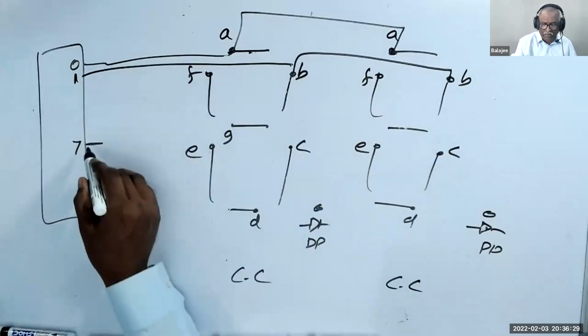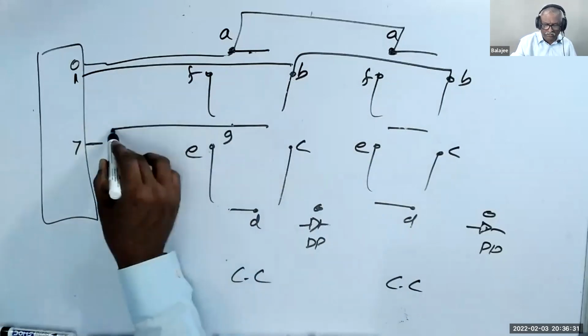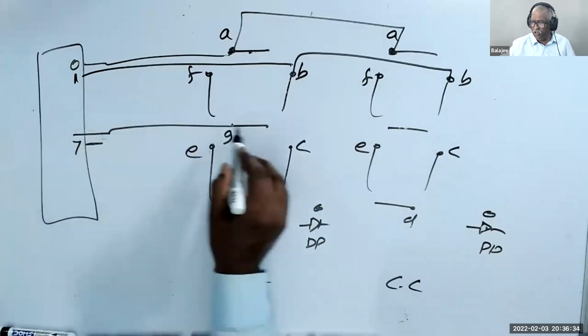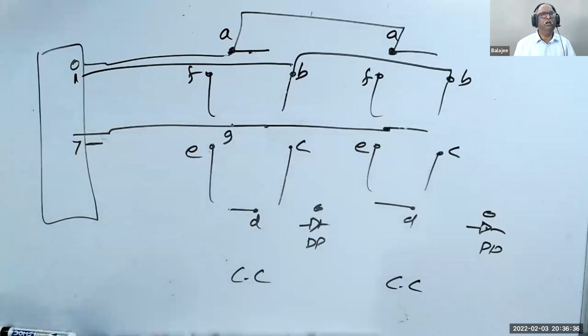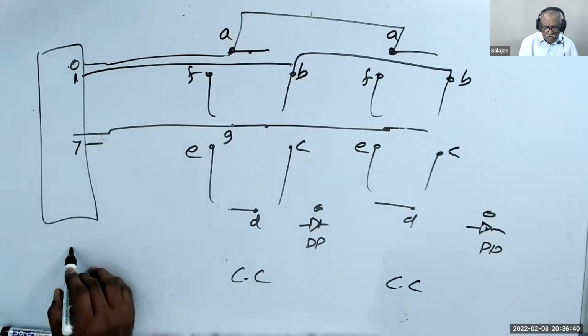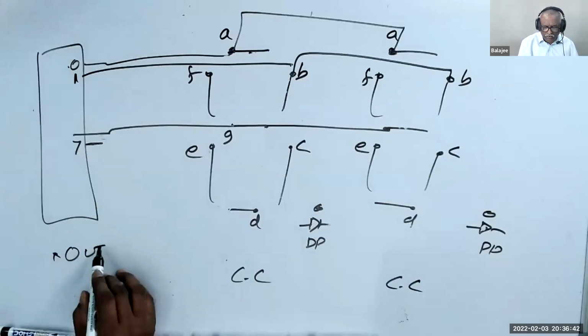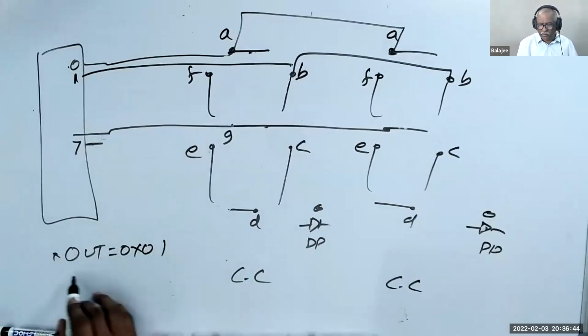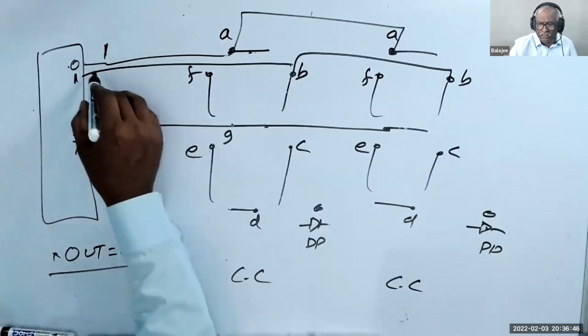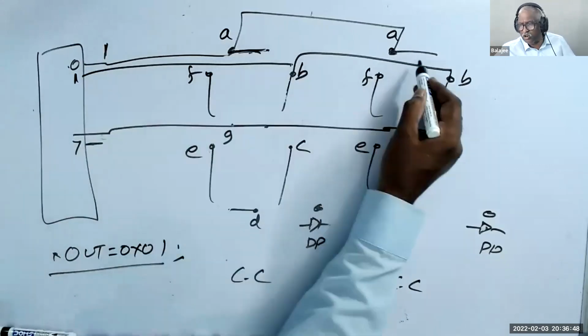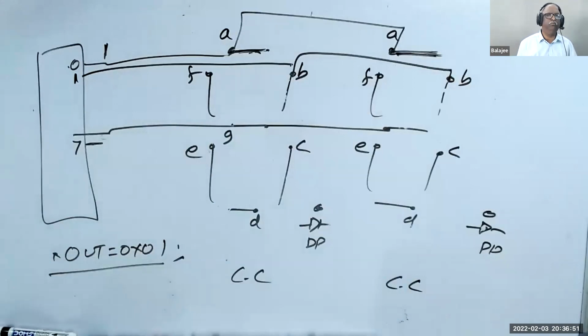Like that, every wire, let us say G, I connected to the 6th pin. That means if I say star out equals 0x01, the 1 will come here. Now this light also will glow. Both will glow.